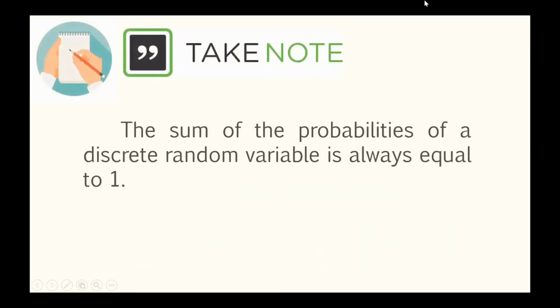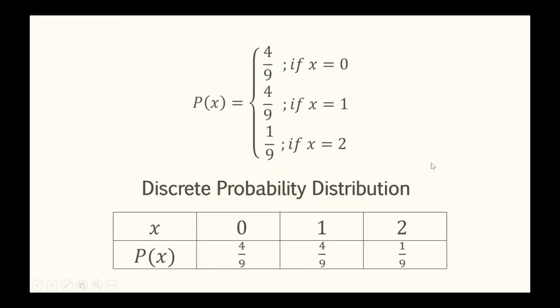We have to take note that the sum of the probabilities, the P of x, of a discrete random variable is always equal to 1. Let's go back to the previous table. We have here P of x as the probability of getting the number of rocks: 4 over 9 if x equals 0, 4 over 9 if x is equal to 1, and 1 over 9 if x is equal to 2.